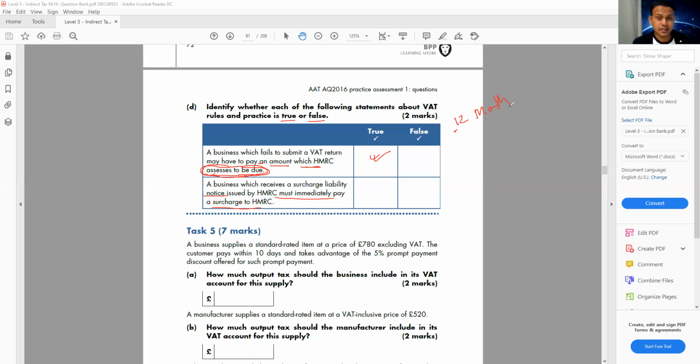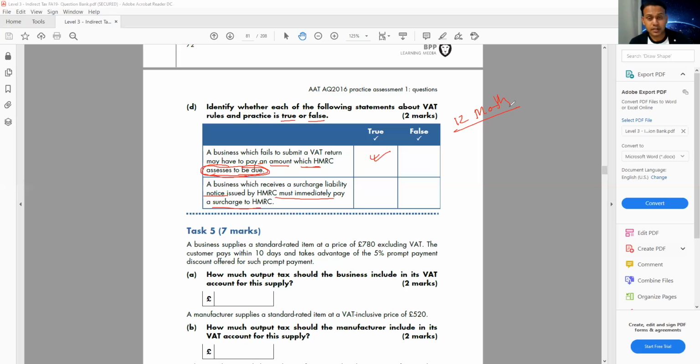And within 12 months, if you fail to submit the VAT return on time again, then they will give you the penalty. For example, if you don't submit on time, HMRC will tell you this is the notice, you forgot to submit your VAT return on time, and after that they'll give you a 12-month notice period.